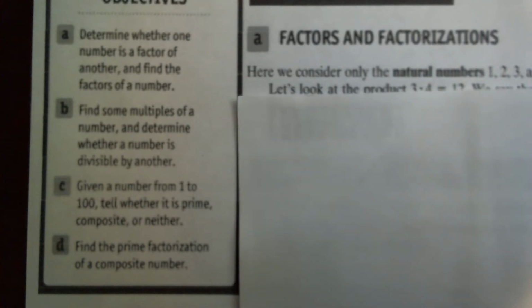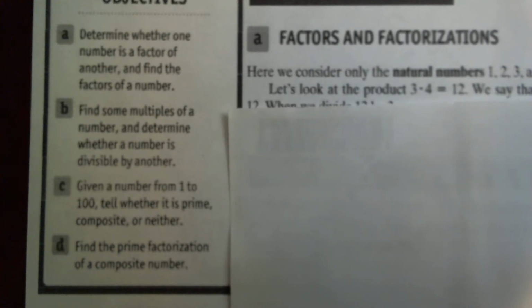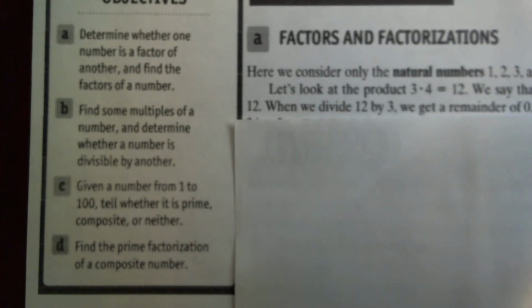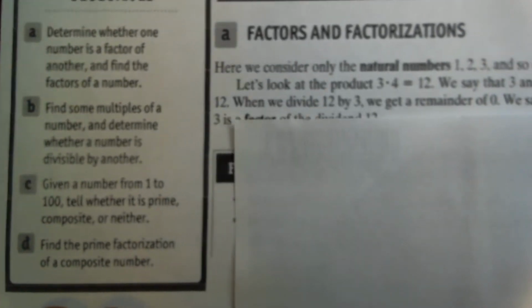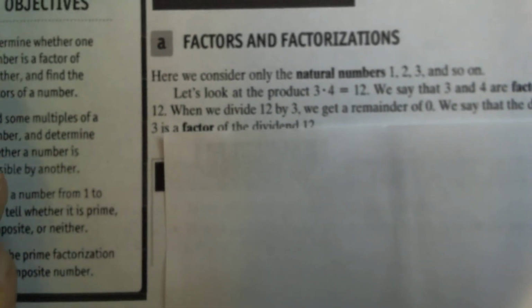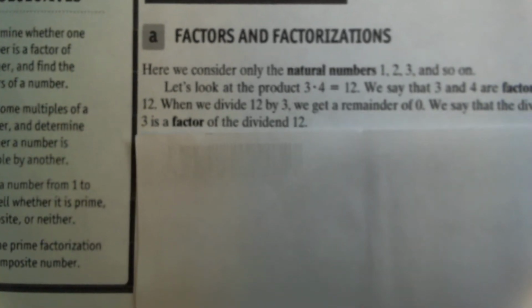And so if we consider only the natural numbers, 1, 2, 3, etc., if we look at the product 3 times 4 equals 12, then we say that 3 and 4 are factors of 12. Because when we divide 12 by 3, we get a remainder of 0.